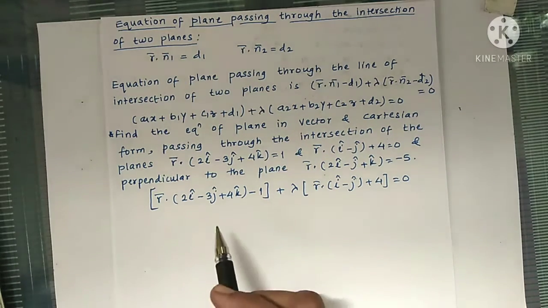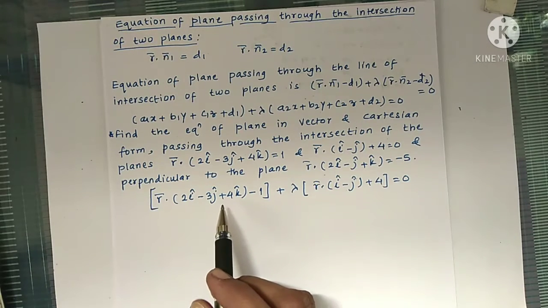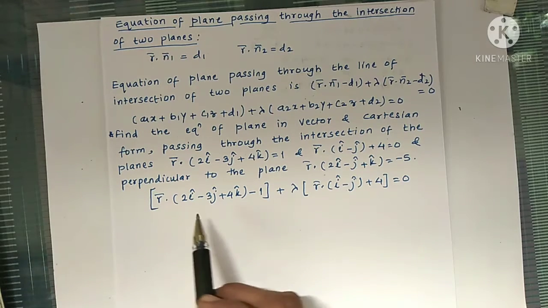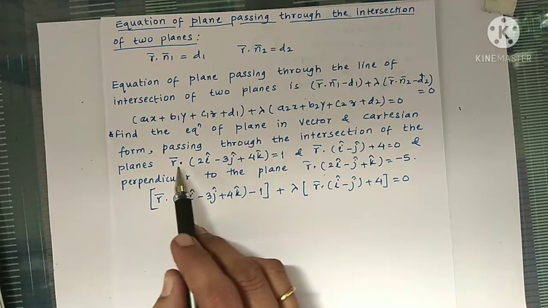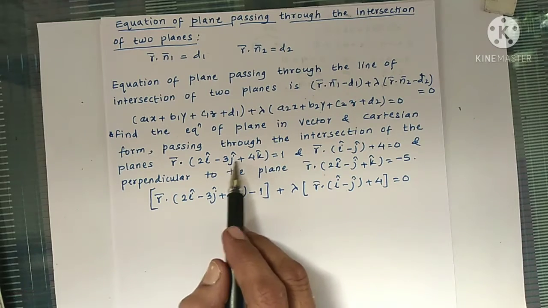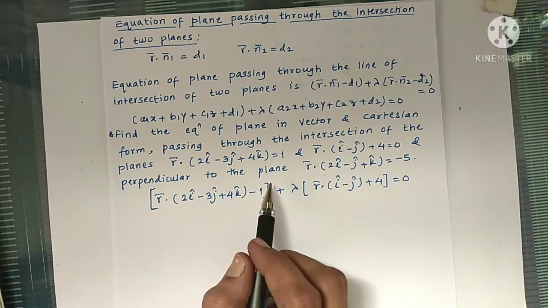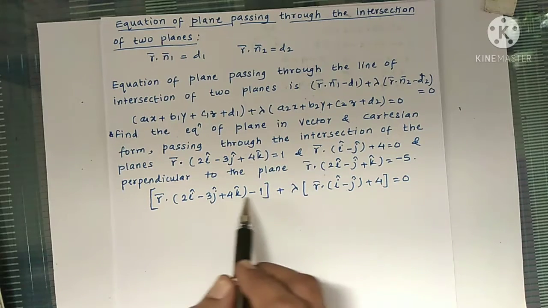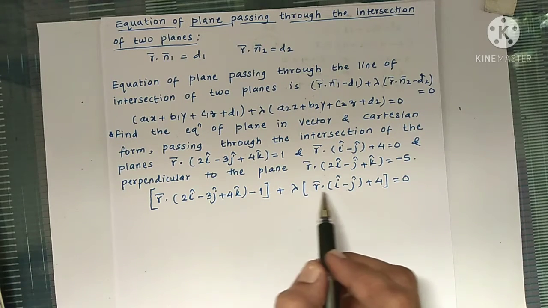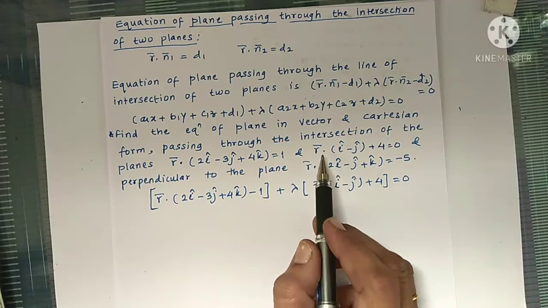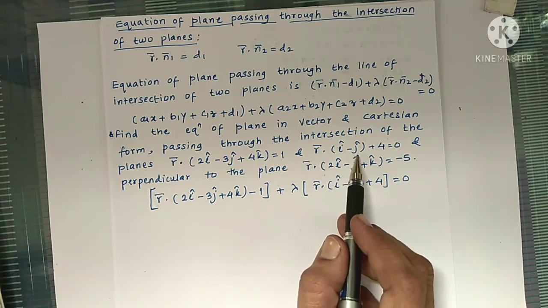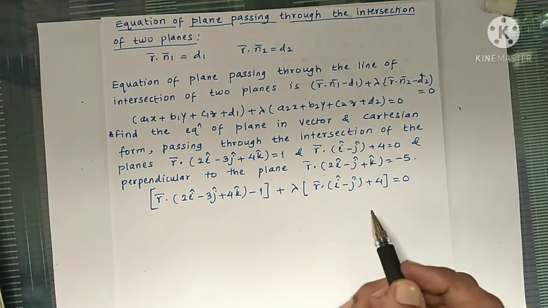First, whenever we have to find the equation of a plane passing through the line of intersection of two planes, we write the first equation. The first equation is r bar dot (2i minus 3j plus 4k) minus 1 equal to 0. It should be in the form equal to 0. So I have written the first equation plus lambda into the equation of the second plane, which is r bar dot (i cap minus j cap) plus 4 equal to 0.